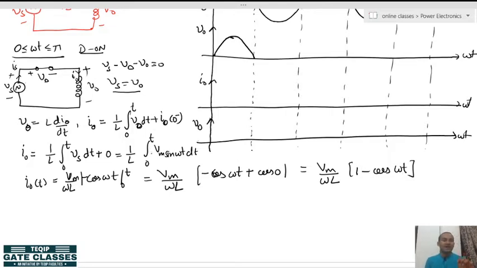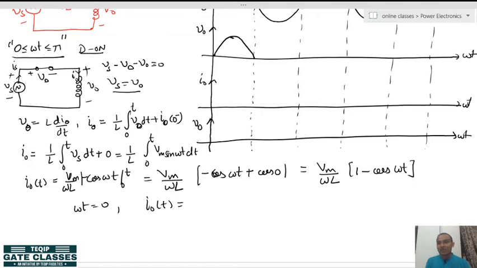All right. In our case, 0 to t means we are considering the instants between 0 and pi. So, when you write omega t equal to 0, what will the load current be?